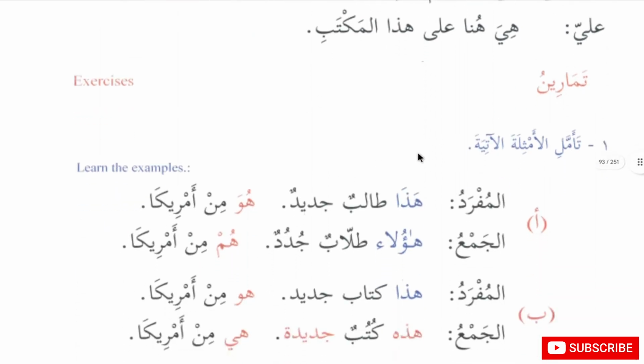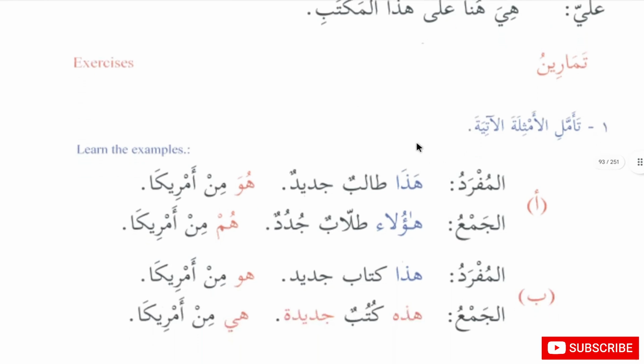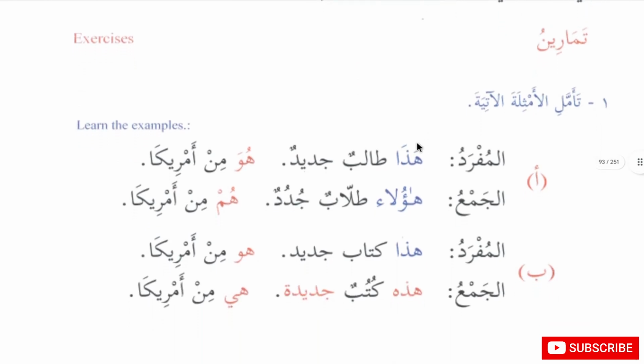التمارين, practice. Here are some examples. المفرد, singular: هذا طالب جديد. This is a new student. Plural: هؤلاء طلاب جدد. Male plurals or female plurals. These are new students. هم من أمريكا. They're from America. هو من أمريكا.